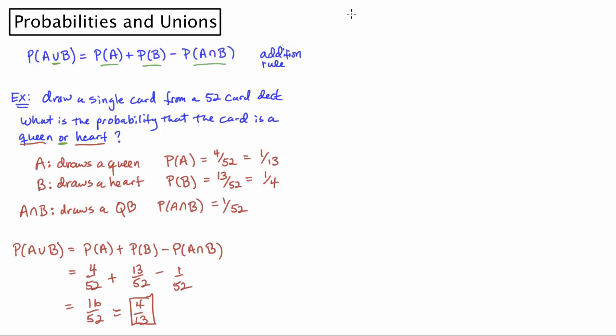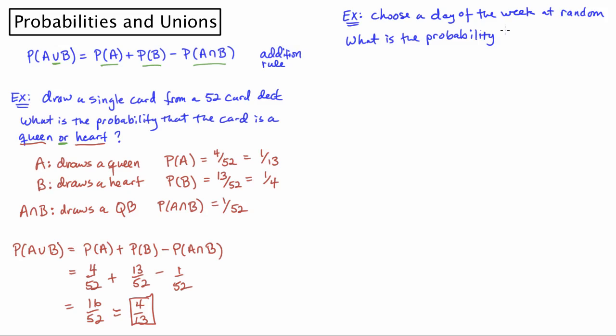Let's look at another one. It's a little bit different. For the second example, the experiment is to choose a day of the week at random. What I'm interested in is the probability that the day chosen is Friday or Saturday.